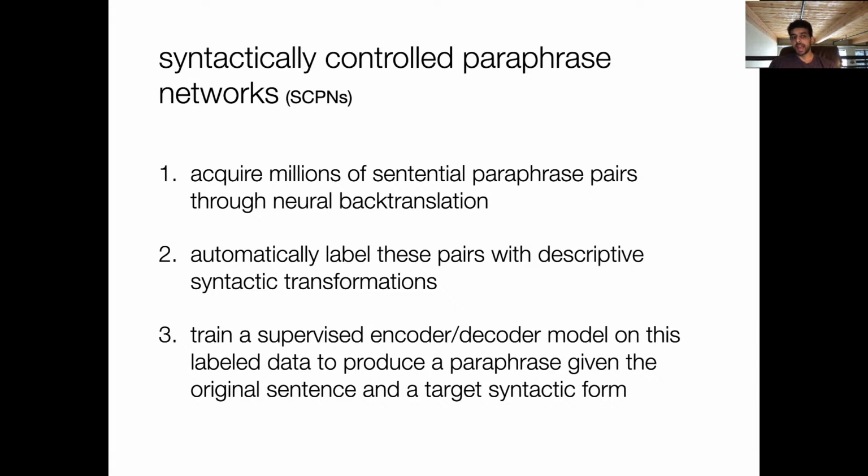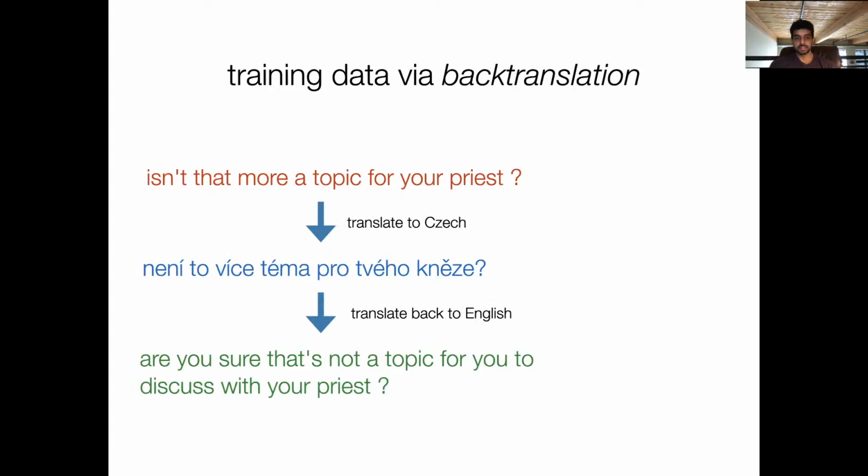So we're going to automatically create a parallel data set of paraphrases using a process called backtranslation, which I'll explain a little later. Once we have these back-translated pairs, we can view these as uncontrolled paraphrases. We haven't specified, like, generate a paraphrase with this particular syntactic structure, but just using a huge data set of these automatically generated paraphrase pairs, we can start to create labels for an eventual model that can produce these kinds of controlled paraphrases.